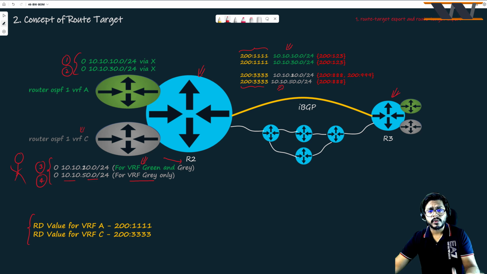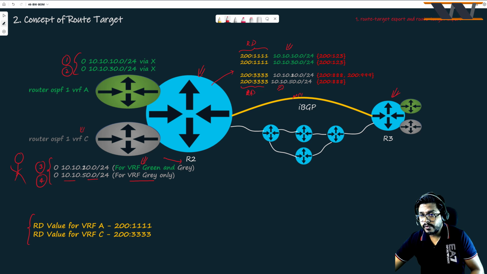So there is no doubt that I will be able to advertise all the routes over BGP, right? And when BGP advertises them, it is going to put this RD value. Why is it going to put the RD value? Because it wants to differentiate these routes, and that is why it is sending them. And this is your multi-protocol BGP over which it is sending. But now the question is how we are going to make sure what route should go where, right?